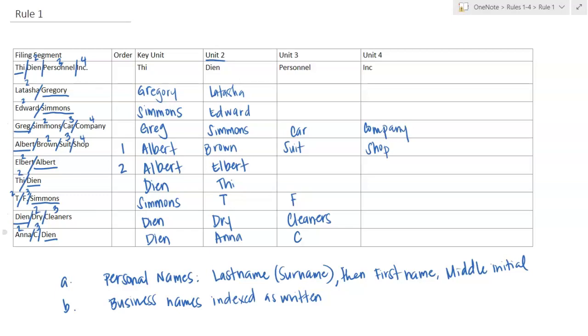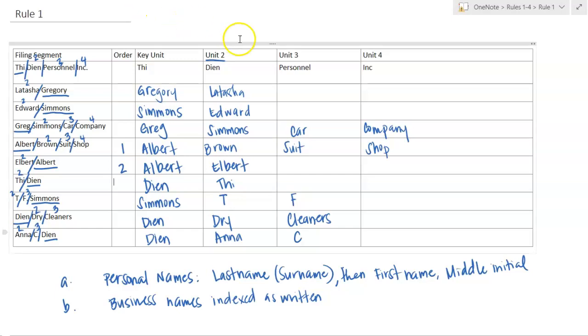And it looks like I have A for Anna, D for Dry, and T for Tie. So in this case, the DN with Anna C, or Anna C. DN, would be filed next. Because the D comes before the T in the alphabet, DN Dry Cleaners would be filed, and then DN and T.